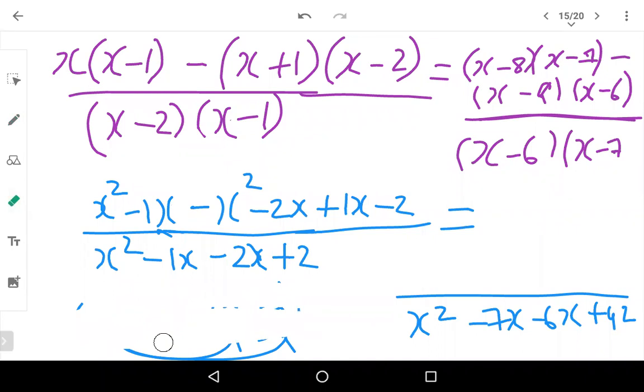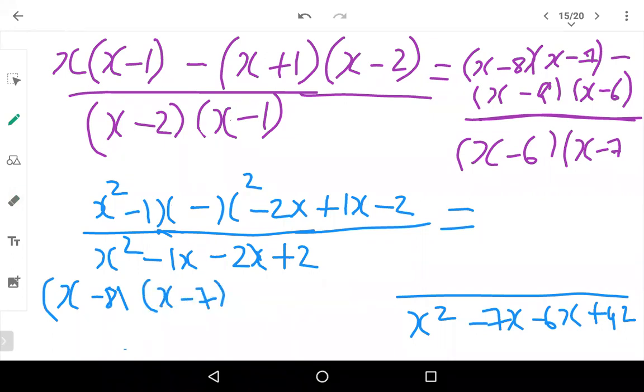Now coming to the numerator part. First we have x minus 8 into x minus 7. So x into x is, and just extend this a little because we'll not be able to write everything.